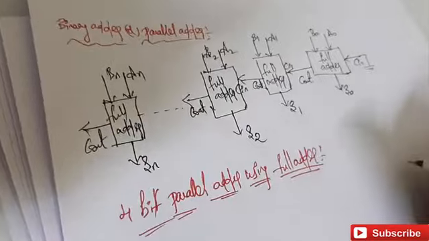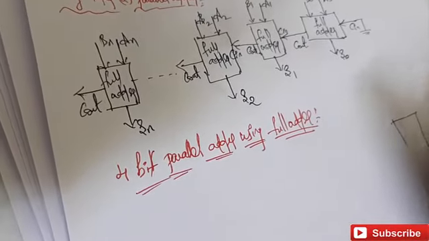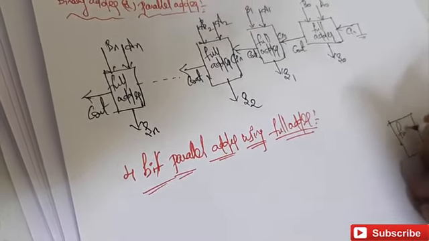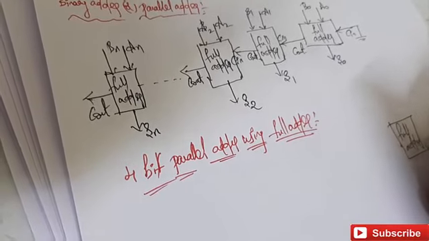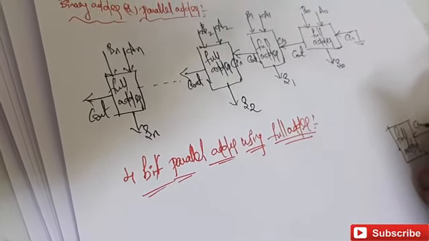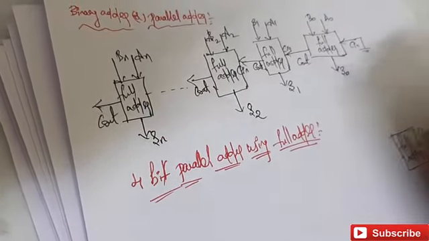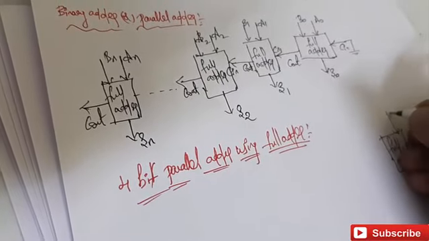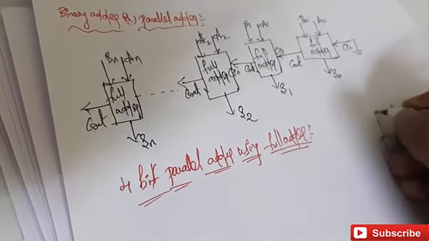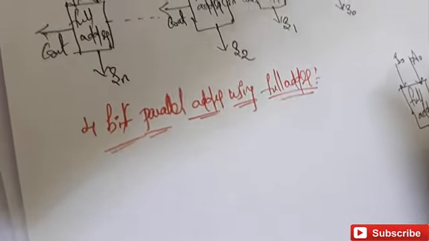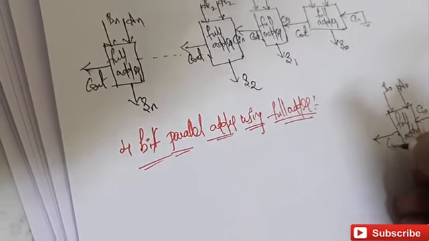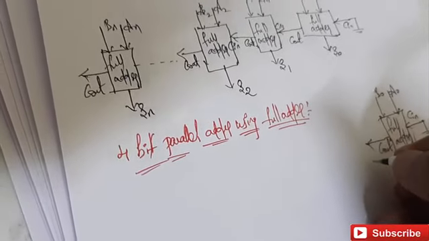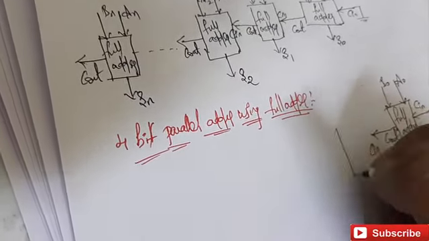Let's see the block diagram for this. This will be the full adder. This will be the C input, which will be grounded. This will be the A0 and this will be the B0, and here this will be the S0. Here you will get the C output, which goes to the next C input.